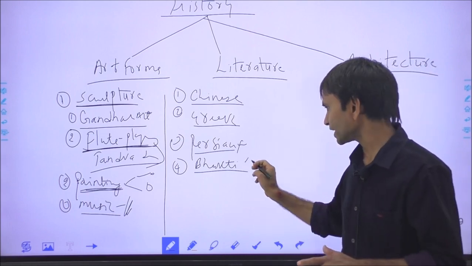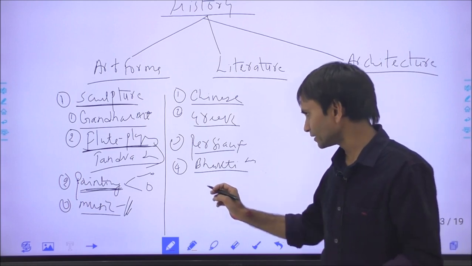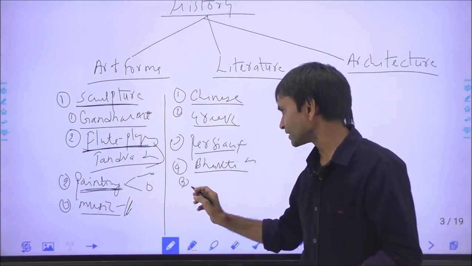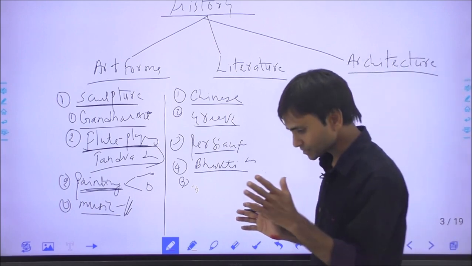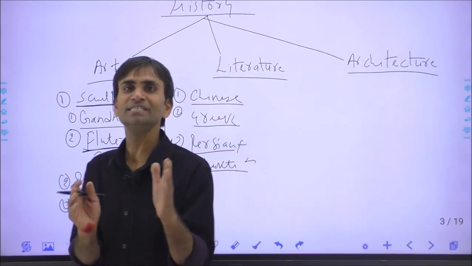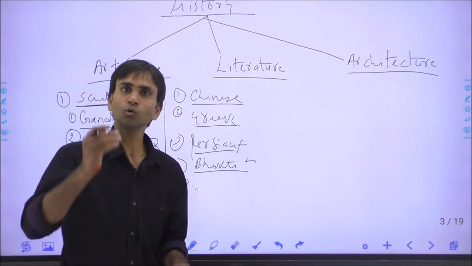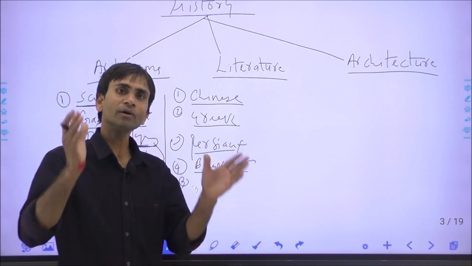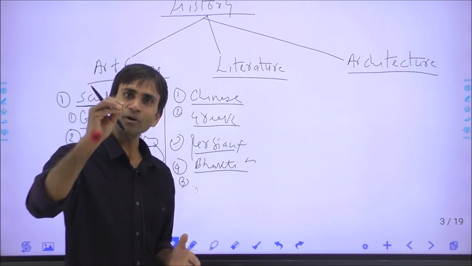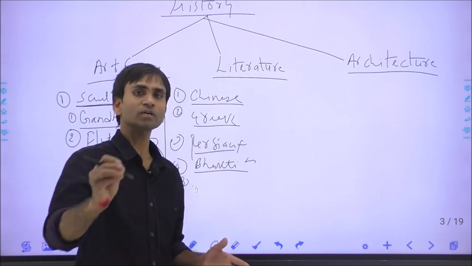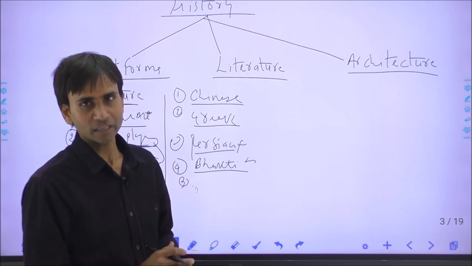So you have to study this topic in detail. And one more thing, so many rulers individually, for example Krishna Deva Raya of the Vijayanagar Empire, what was the role of Krishna Deva Raya, how he promoted the growth and development of Telugu literature. He himself wrote a book, Amuktamalyada, in Telugu.